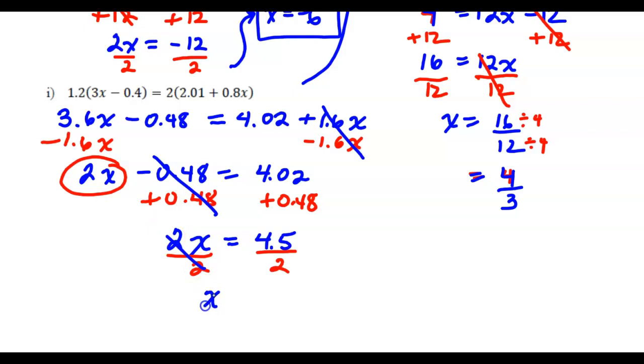So 4.5 divided by 2, you can use your calculator, but 2 goes into 4 twice. And then 2 goes into 5, well, 0.25 times, right? Think of 50 cents. $4.50 divided by 2, it's $2.25. So sometimes if you think about decimals as money, it helps a little bit.